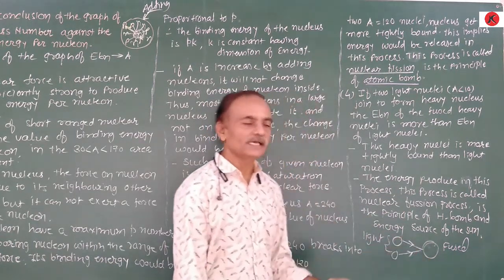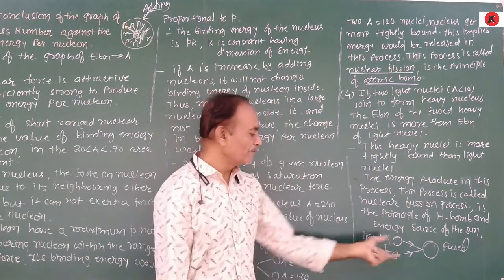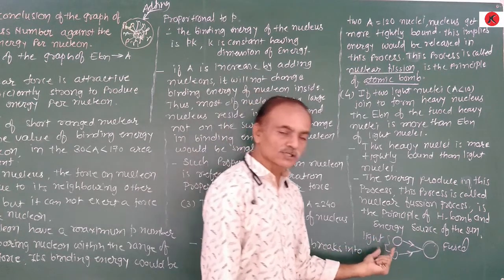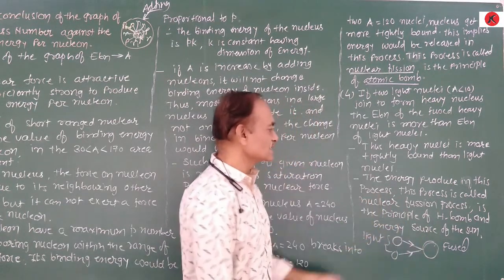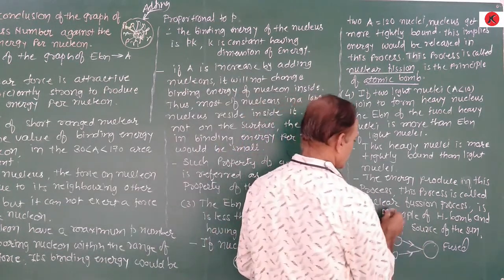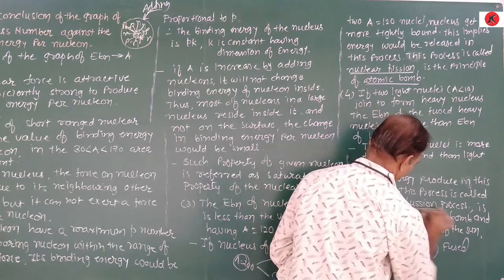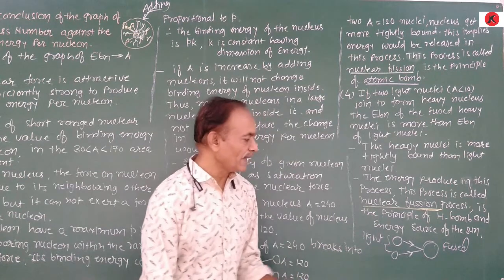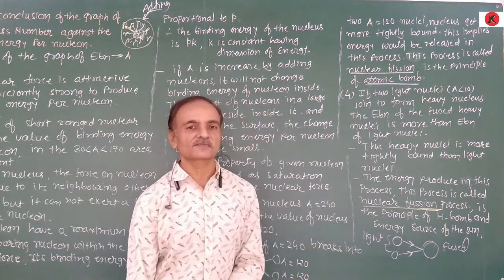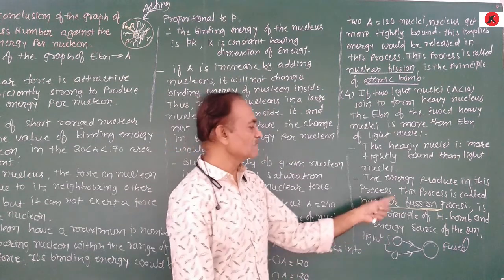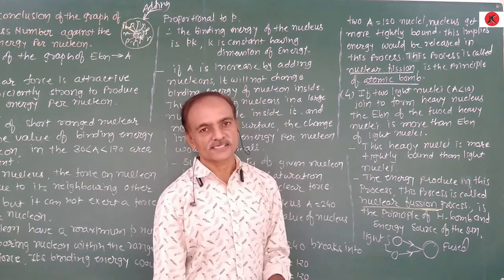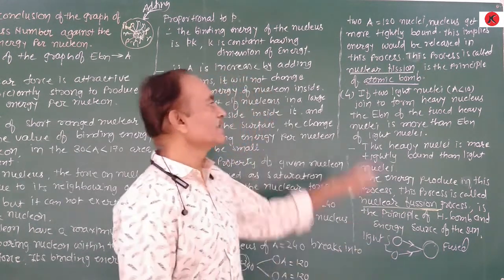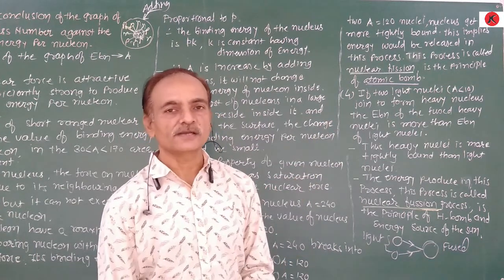The fused nucleus is tightly bound compared to the light nuclei, so energy is released. This is the principle of the hydrogen bomb and also the energy source of the sun, which works on the basis of nuclear fusion. So in this chapter we have to discuss nuclear fission and nuclear fusion.